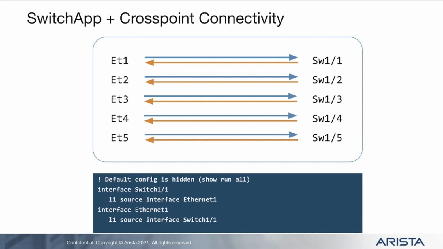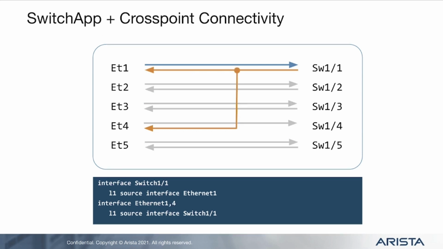The default configuration has the front panel ports directly connected to the switch ports on the FPGA. This means that out of the box, a 7130 LB series device running switch app will function similarly to a normal switch. However, because the device also has a crosspoint, we can still apply the one-to-many logic.